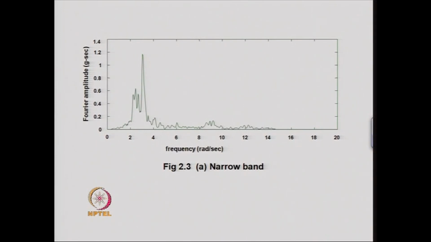This is a Fourier spectrum for a narrowband earthquake, meaning that there is a concentration of the frequency within a small band, that is, within a small band of frequency there is a large amplitude of the ground motion or other earthquake measurement parameters.